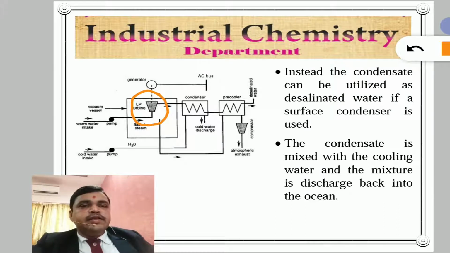So by this process we get electric power by the open cycle ocean thermal energy conversion system.